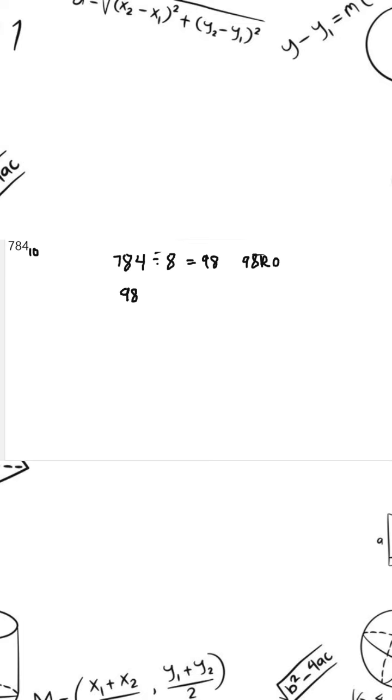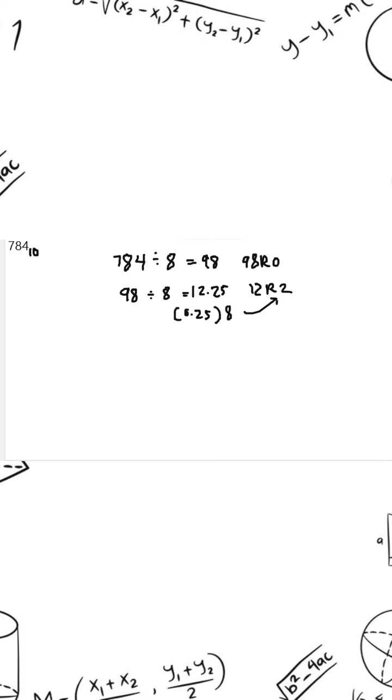So now what we can do here is take 98 and divide it by 8. So 98 divided by 8 is going to be 12.25. So we're going to take the decimal, which is 0.25, and multiply it by 8. So we got 12 remainder 0.25 times 8, which is going to be 2.